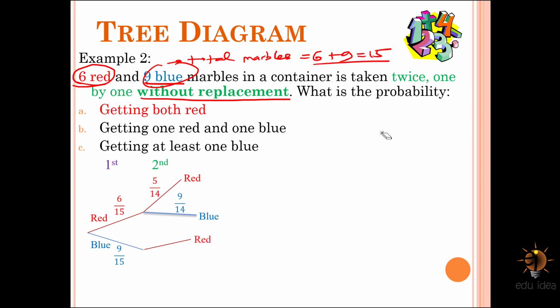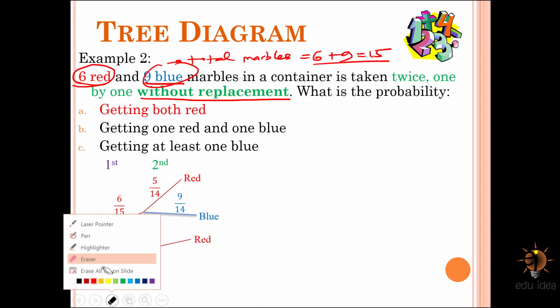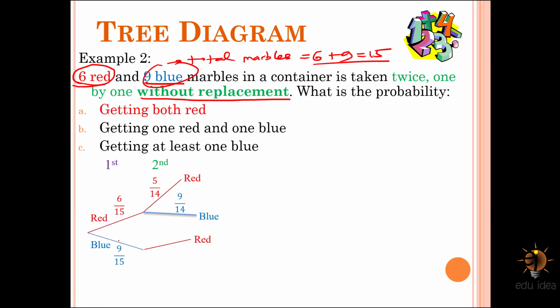Notice that in this branch, for the first time you take the marble, you get blue, which means that the red is still the same. The number of red marbles here is still 6.